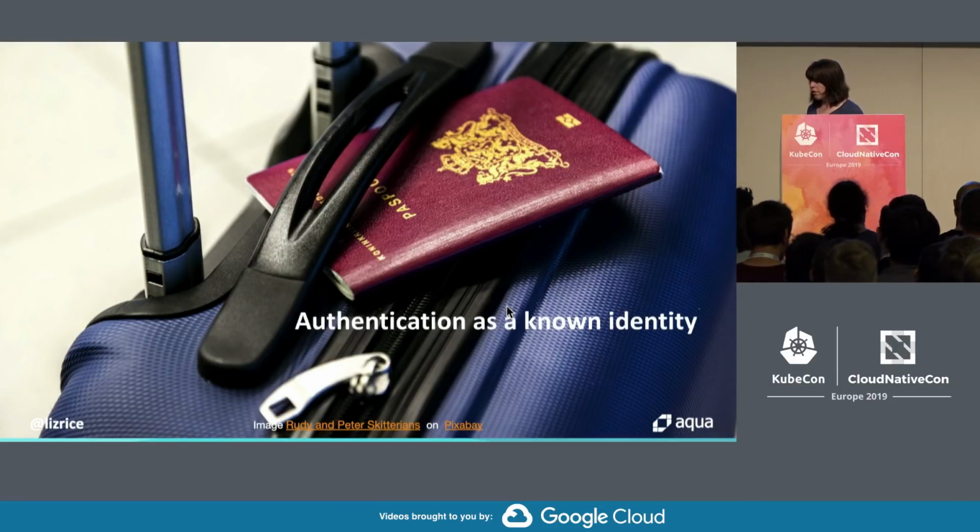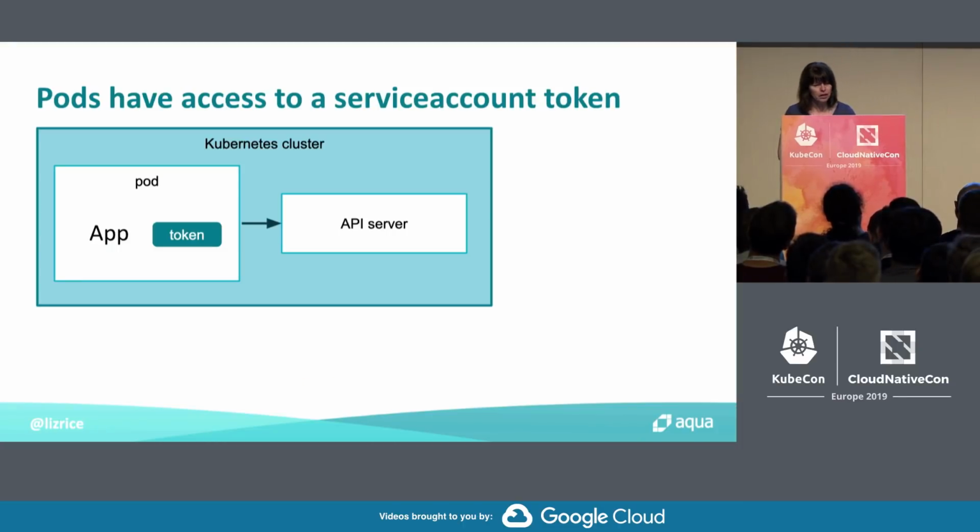So what if I were able to identify myself as something other than the anonymous user? What if I were able to get hold of the credentials to make a request under a service account that has permissions to do other things? Well, every pod is running under a service account.